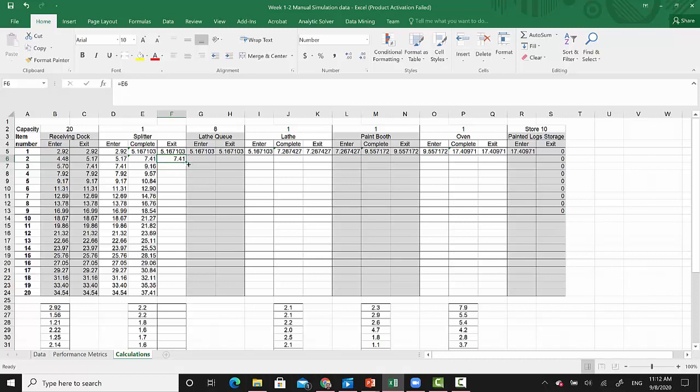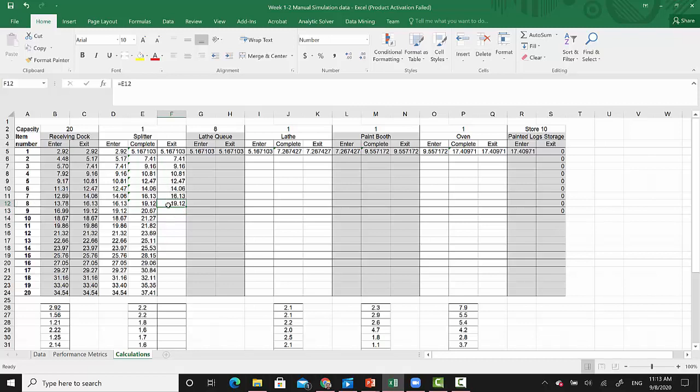For example, the first one, the second one, third one, all the way to the 8th one, we can probably safely copy them, right? Because the lace queue has a capacity of 8. So we can copy the item's exit time.